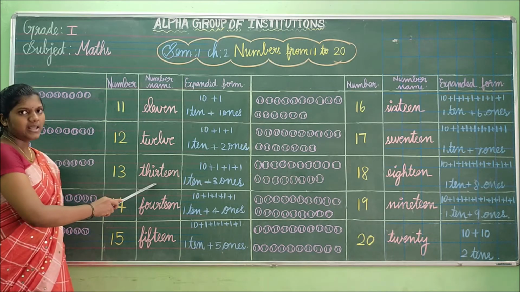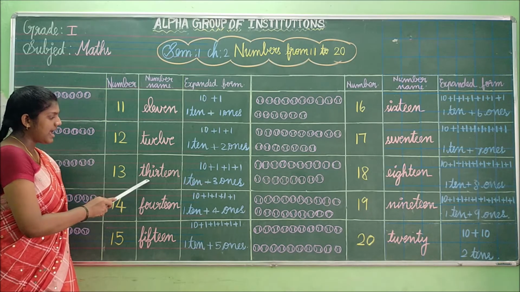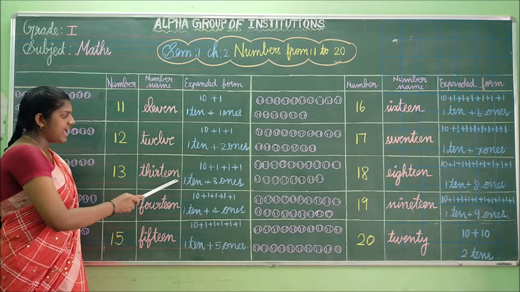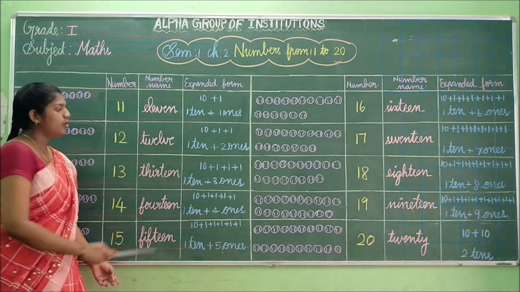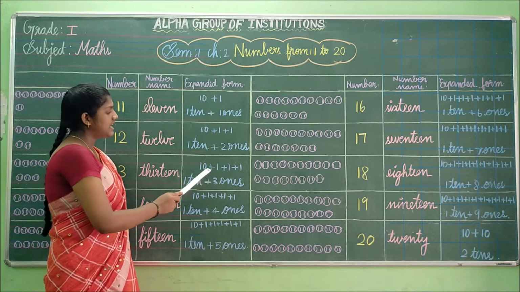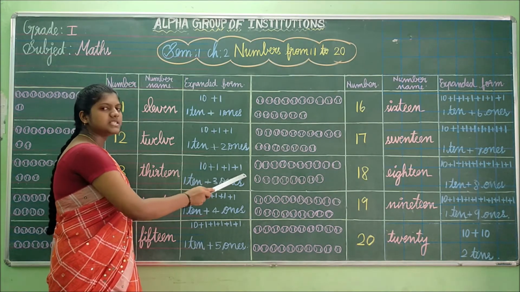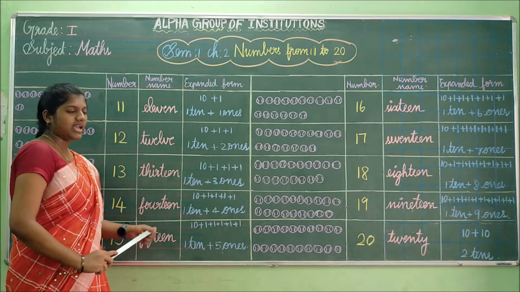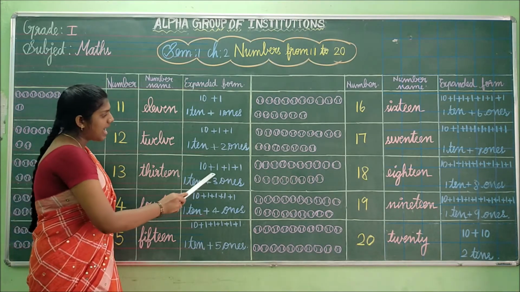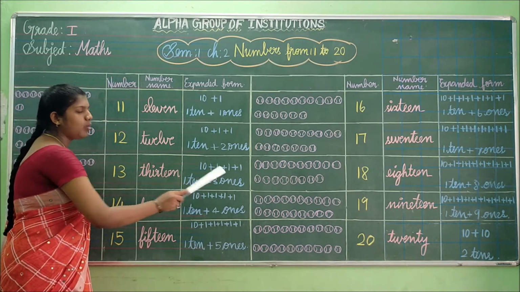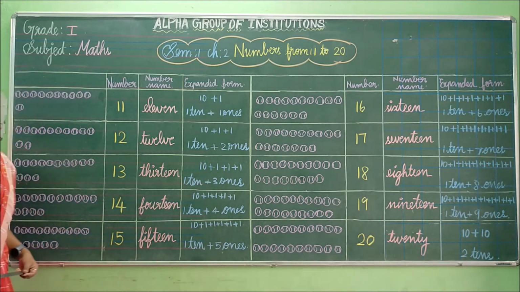So the number name is T H I R T E E N, 13. Its expanded form is 10 plus 1 plus 1 plus 1. So here we have 1 ten and 3 ones. So 1 ten plus 3 ones is 13.